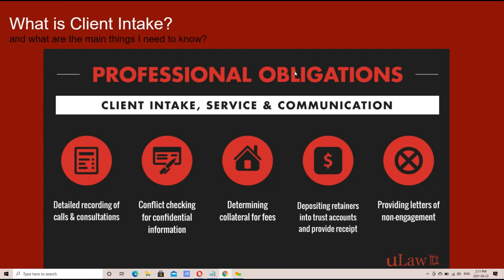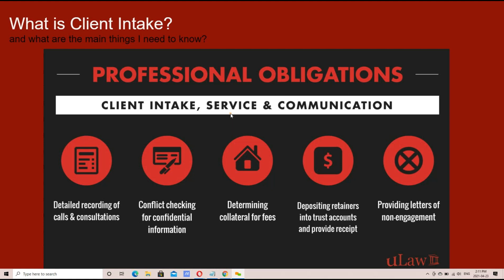Alrighty, so from a client intake process, we discussed this last week. I don't want to dwell too much on the specific aspect of it, but it's important that as you intake that client, as you initiate that matter management component, you start with a detailed recording of the call and the consultation. We discussed that. You determine all the right steps to see if this prospective client is right for your firm by doing the conflict checking for confidential information.